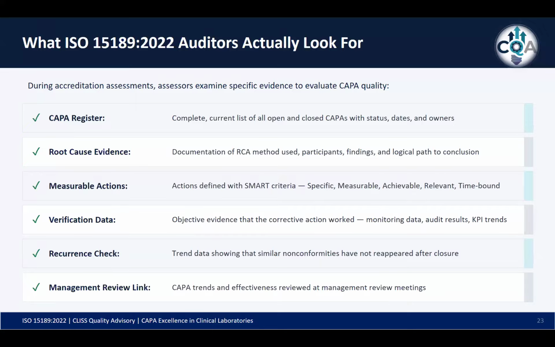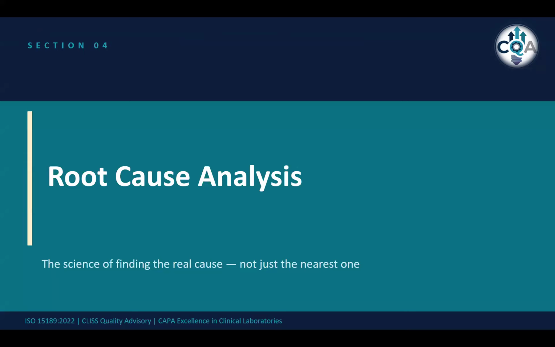In other words, you need trend analysis data to show that the non-conformity that was raised has been closed and is no longer recurring. Overall, we then need to link with management review, because this is mandatory as per 8.9, to discuss these at management review level.